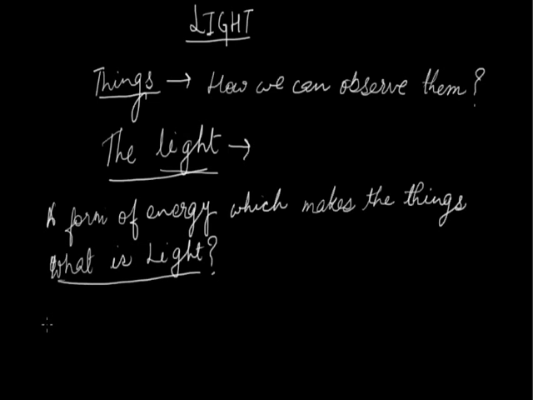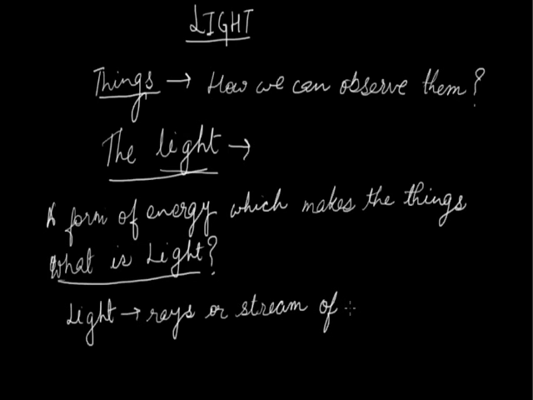Initially, from very ancient times, the Greek people believed that light is a group or stream of particles. Light was considered to be rays or a stream of very fine particles which move with very great speed.